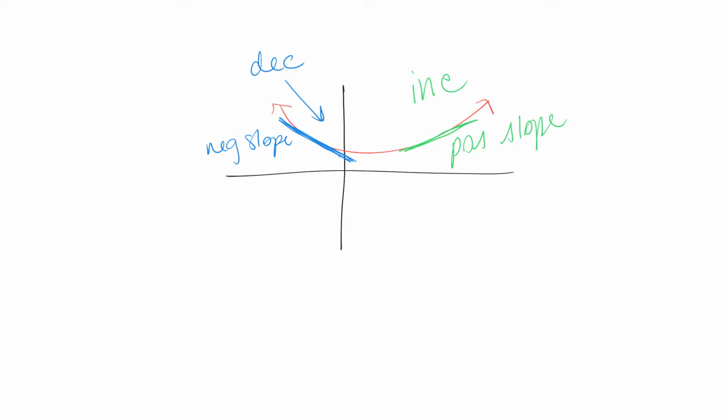So that's all good. And that change from decreasing to increasing happened right about here, where in grade 11 we called that a vertex. So that represented where it was changing. And here's my point. What is the slope doing at that vertex? Isn't the slope actually 0?